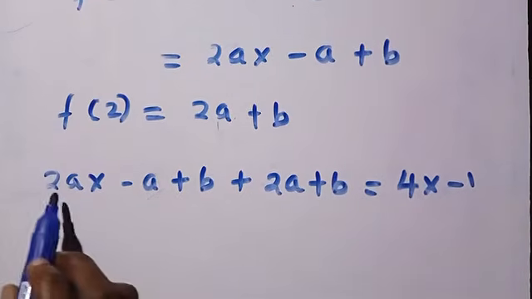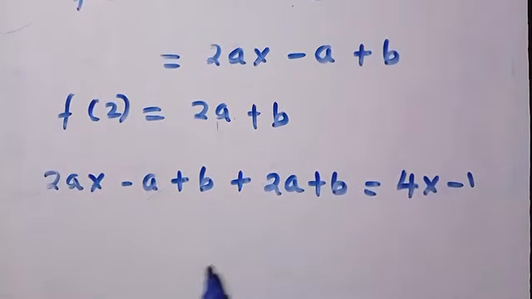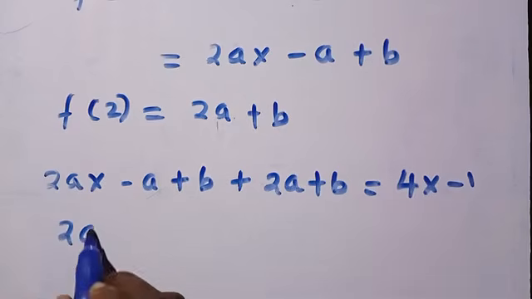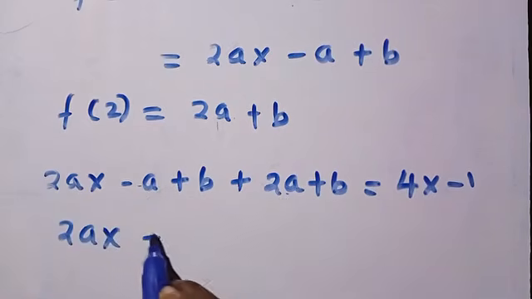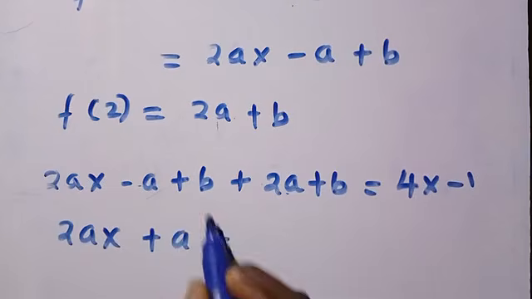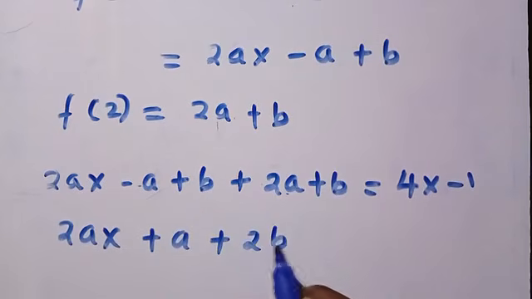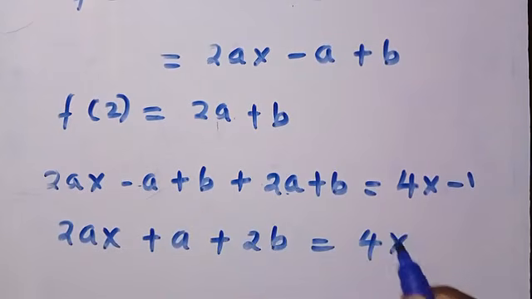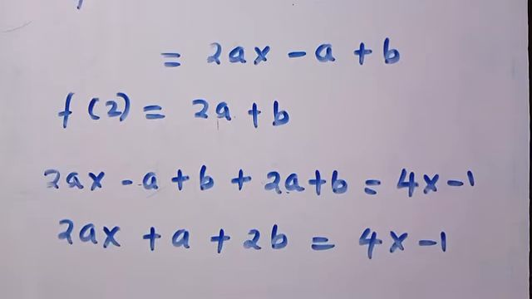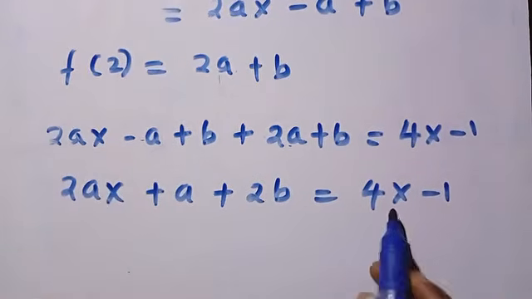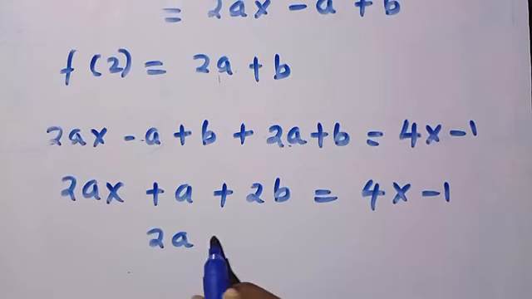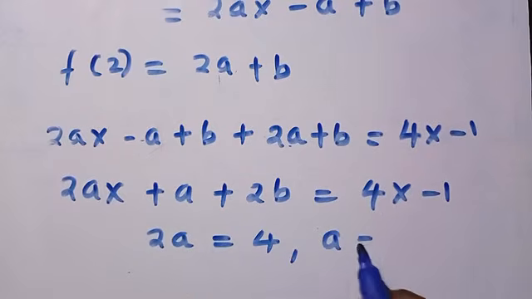Then we have to compare here. Before that, we have 2ax here, and minus a plus a, we have it as a plus b, that is 2b. Everything equals 4x minus 1. Comparing this, it is x, this is x. That shows that 2a equals 4 and a equals 2.